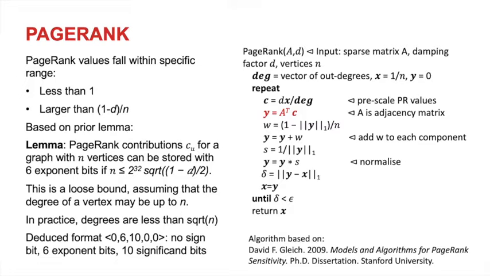Now that's a very loose upper bound because it assumes that the worst-case degree of a vertex would be n, but in practice the degrees are less than the square root of n, and so we can actually operate correctly on graphs larger than the number of vertices given here if we assume 6 exponent bits. So in order to make up a 16-bit format, we have 6 exponent bits and 10 significant bits.